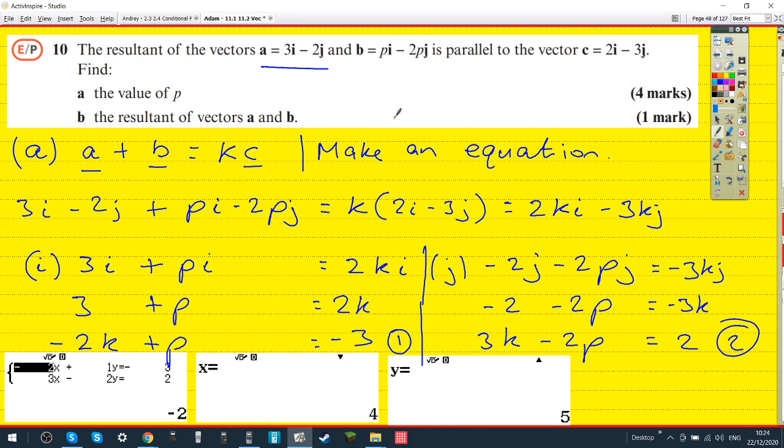Yeah, P is 5. So it'd be 5i minus 2 times 5j, which gives you 5i minus 10j, equals B. Any idea how you find the resultant of A and B? You have to add them together. Yeah. Okay.